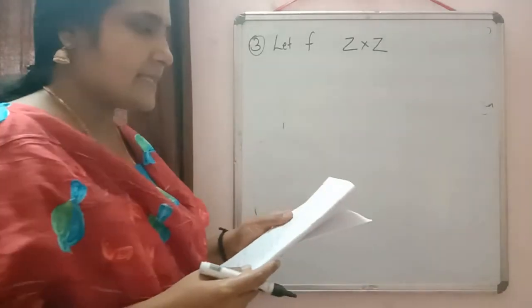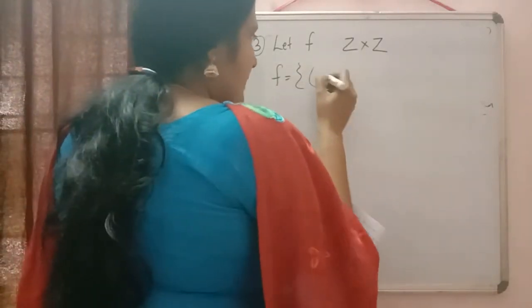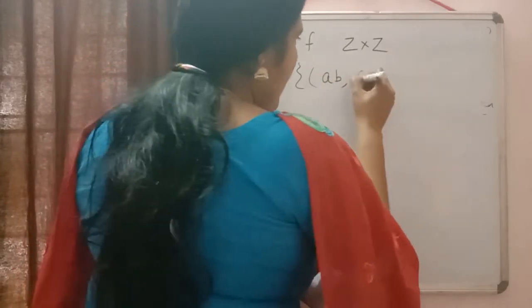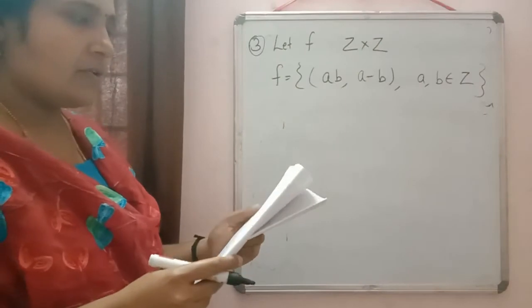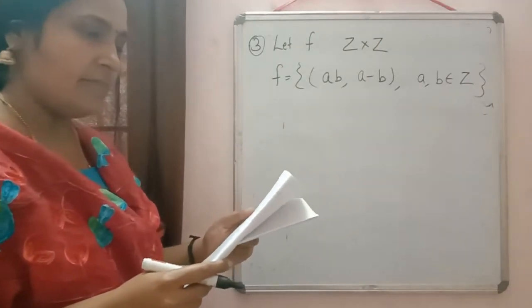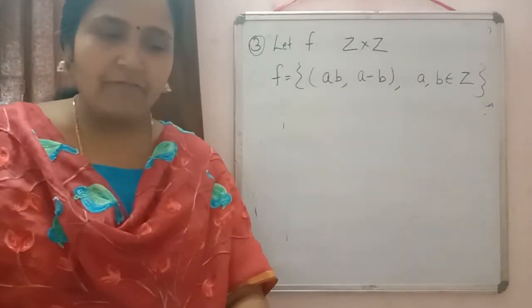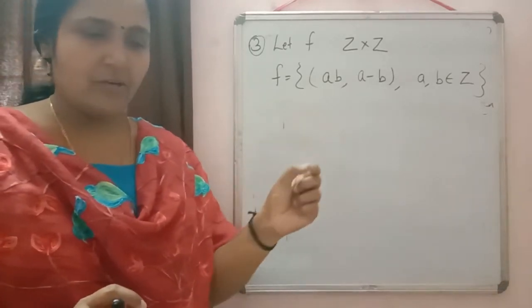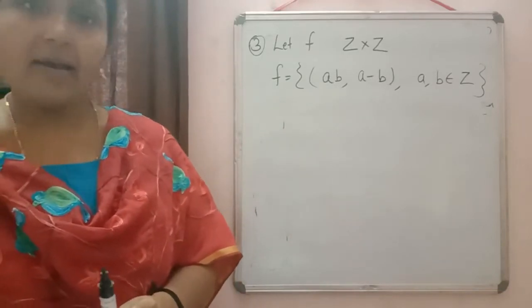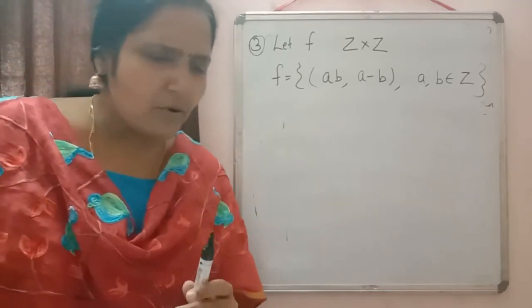The subset of Z cross Z is defined by f is equal to the set of all ordered pairs (AB, A minus B), where A and B both belong to Z. Now the question is, is f a function from Z to Z? Here you don't have to prove it is a function. You have to check whether it is a function or not. Just justify your answer, and you don't have to prove here.